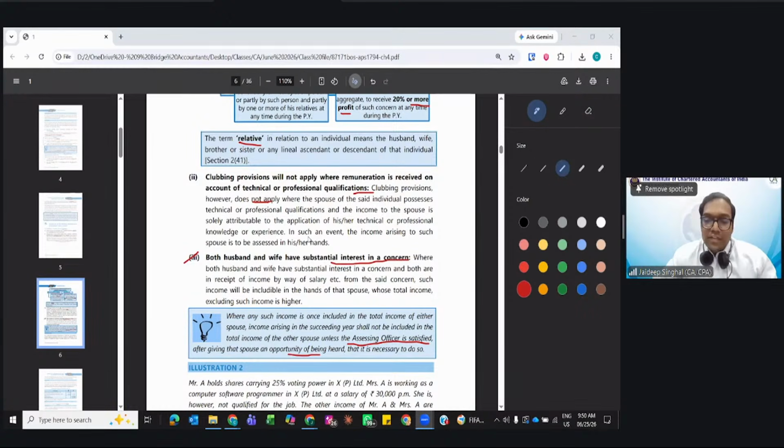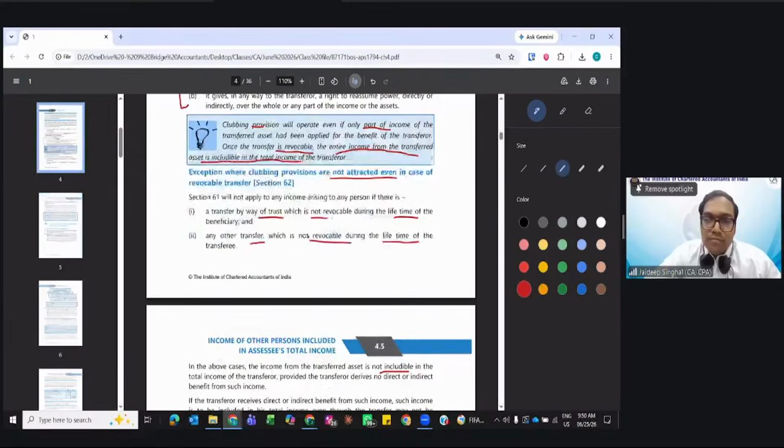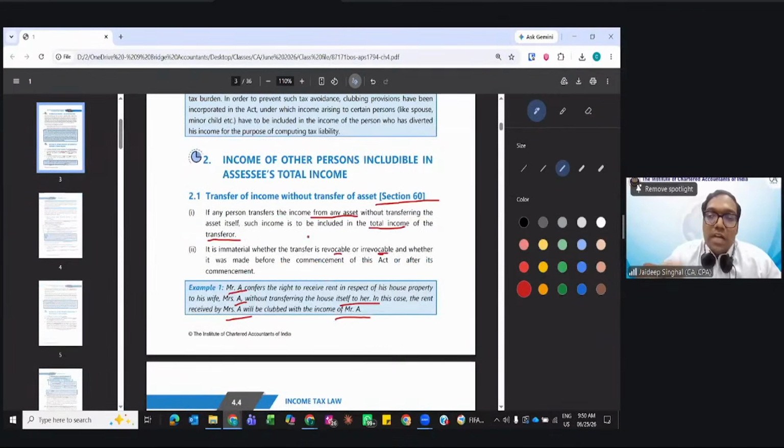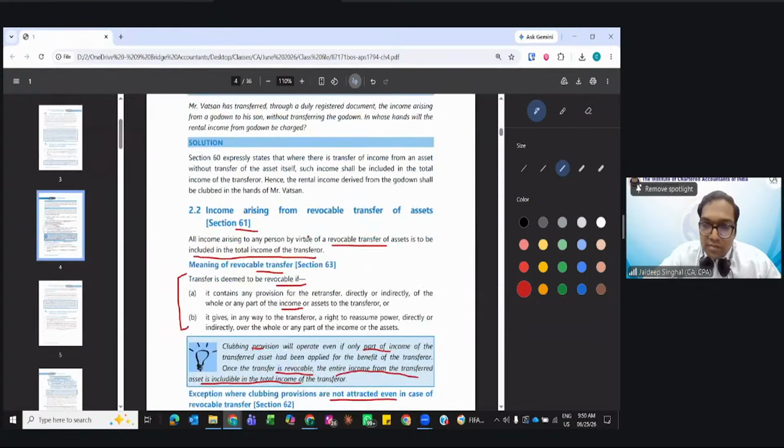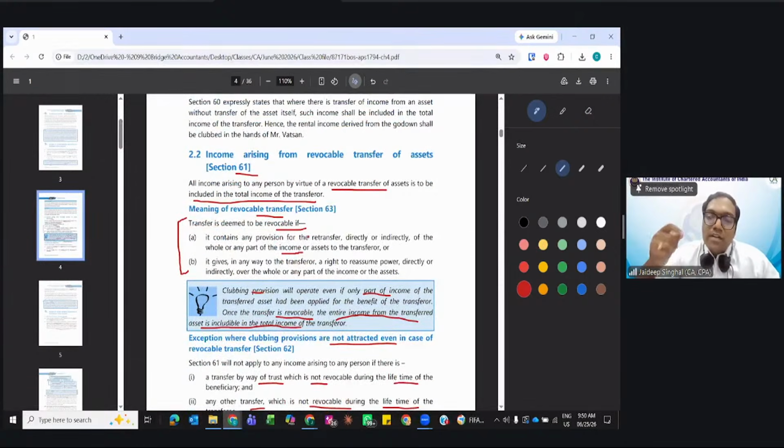You see it, if you go to the definition, it depends on whether I have the power. Let's suppose I want to give the income rights to my servants. Now I do not have a relation with the servants, but I am transferring. Do I have control on the property? The answer is yes. So it is a revocable transfer.